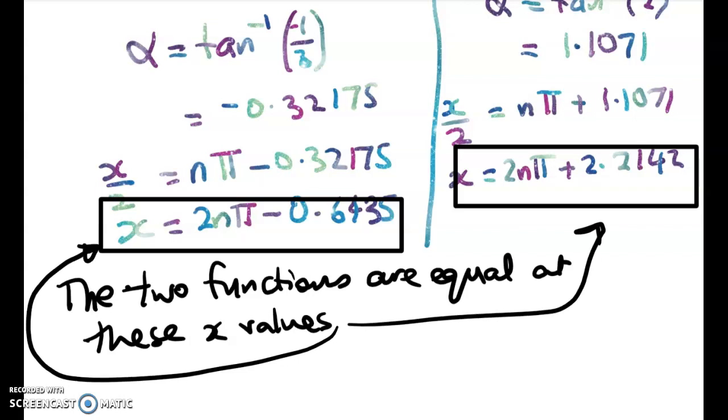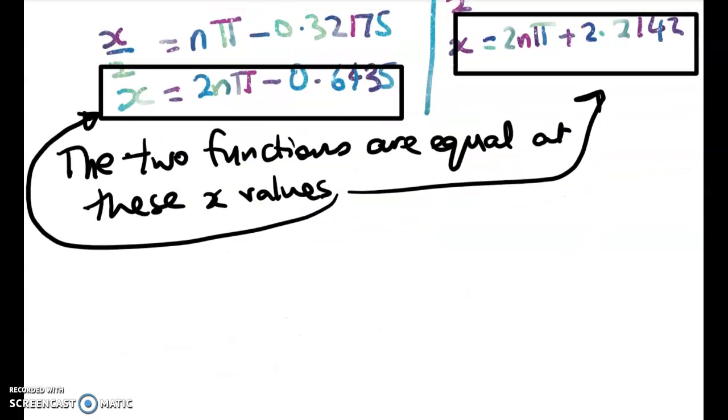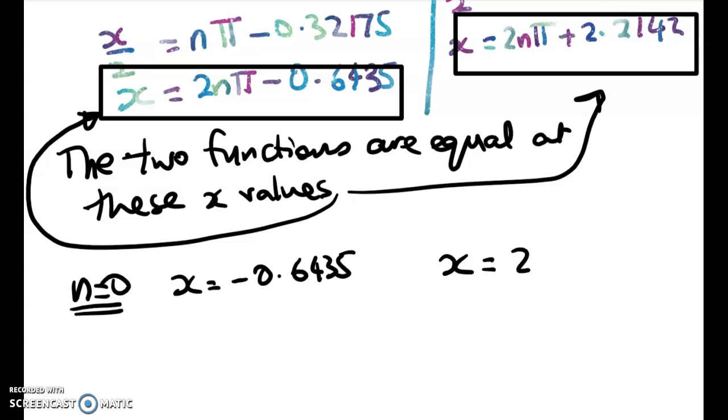So let's just go on and find the ones that are in my graph. So if we substitute in n equals 0, what do we get? Well, we get x equals negative 0.6435. That's not one of the ones on my graph. And from this equation we get x equals 2.2142. So that looks good. We'll go and check that in a second.